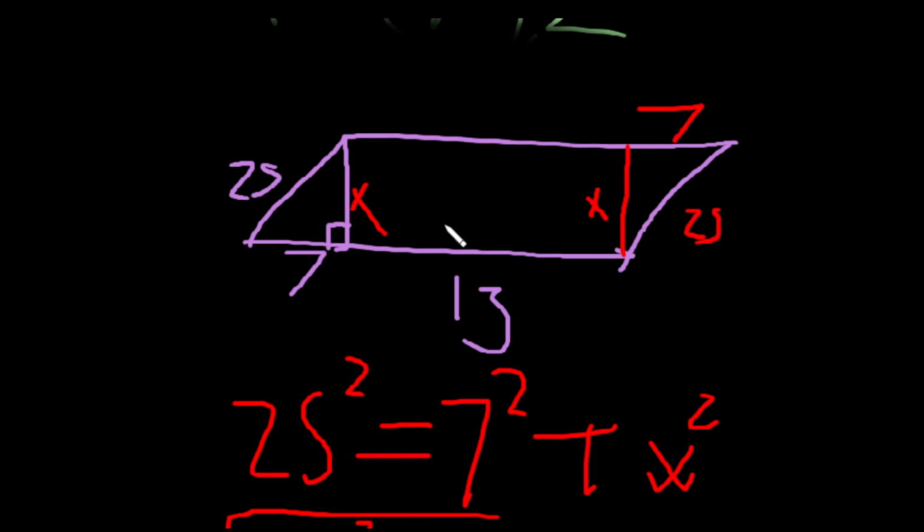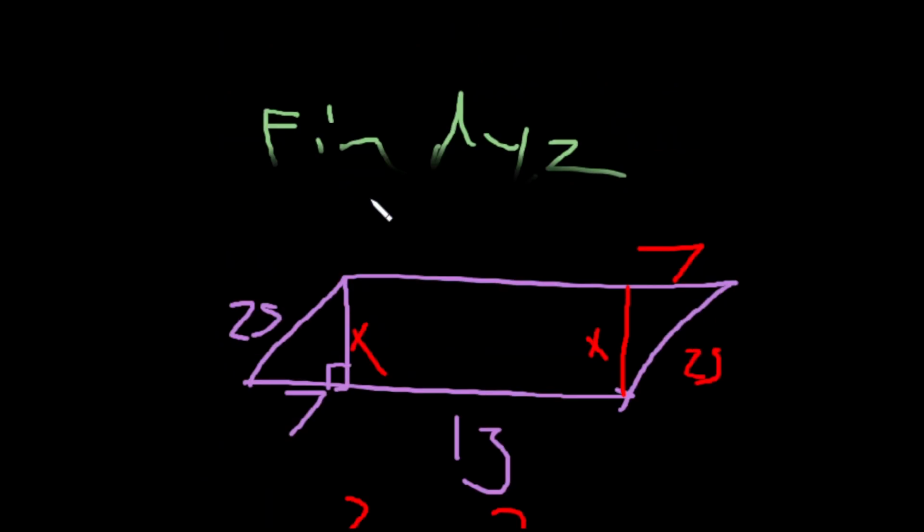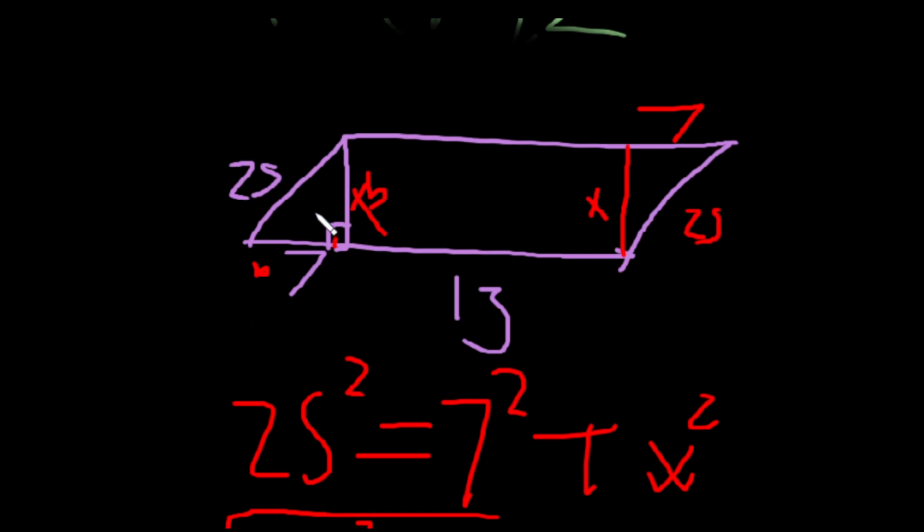And so basically, we know the area of a triangle is base times height. So 24 times 7 is 168. This is 168 inside, 168 here. And this one is 13 times the height for the square.